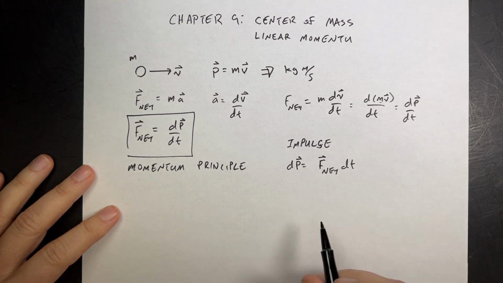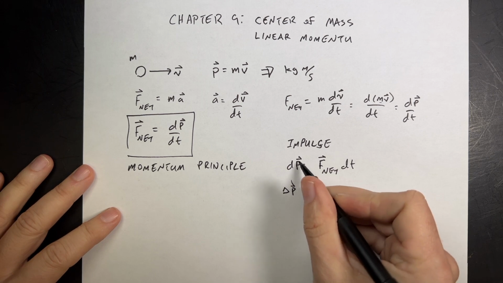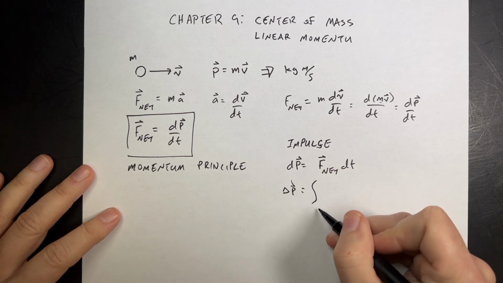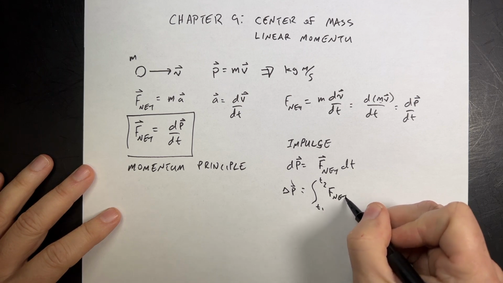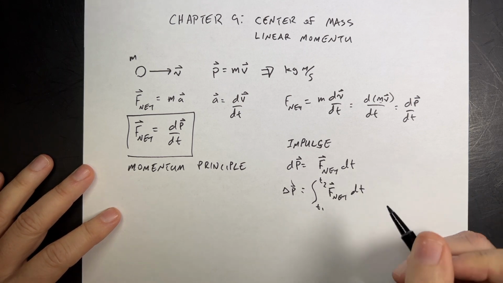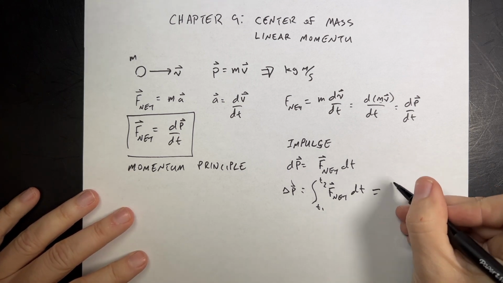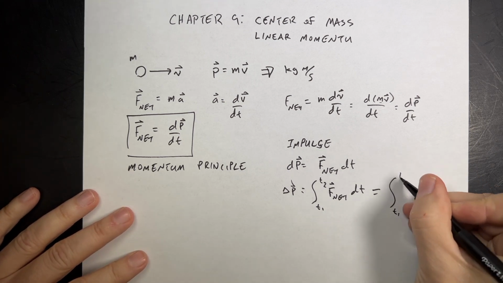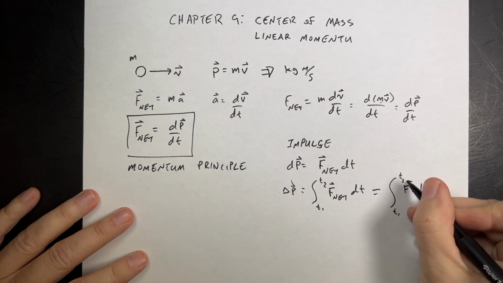Now if I integrate both sides, I get delta p, right? Because I'm going to get the change of momentum from p1 to p2. It's going to be the integral from t1 to t2 of F net dt. Or if you just want to look at the impulse by one force, you could just say this is equal to the integral from t1 to t2 of F dt, for one force.